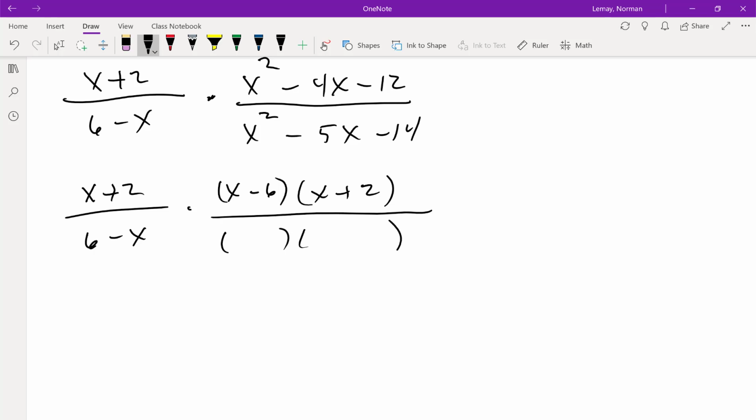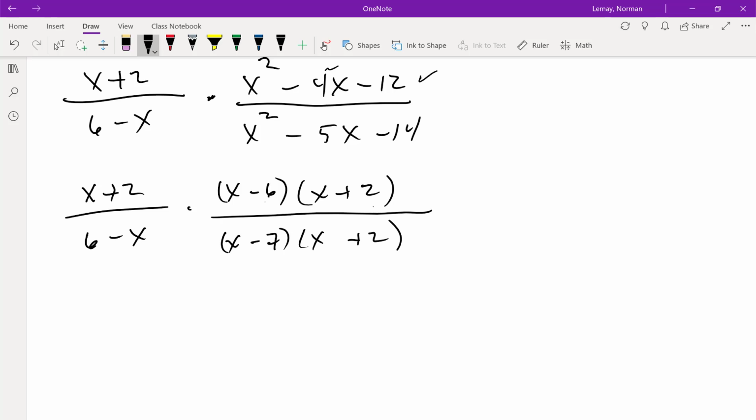Negative 6 times 2 gives me my negative 12, and negative 6 plus 2 gets me my negative 4, so that's good. So factors of 14, I'm thinking 2 and 7, and in particular negative 7 and positive 2.